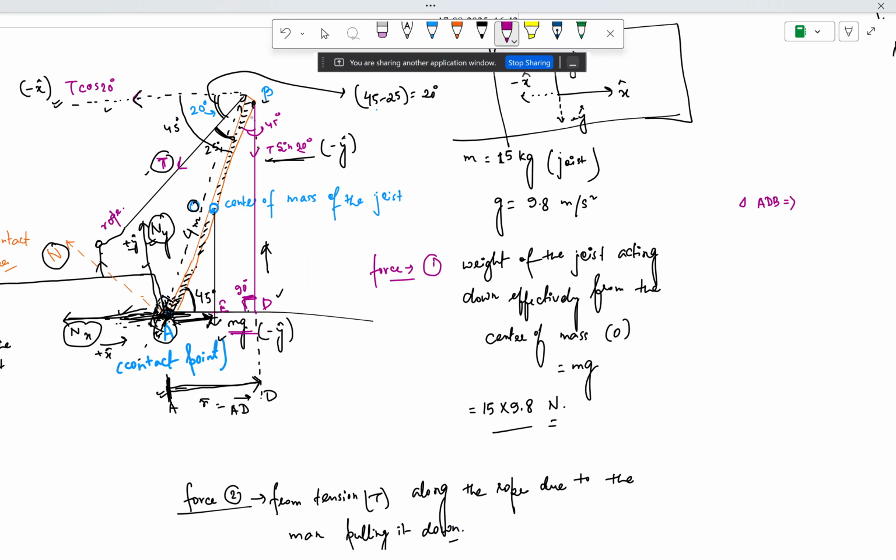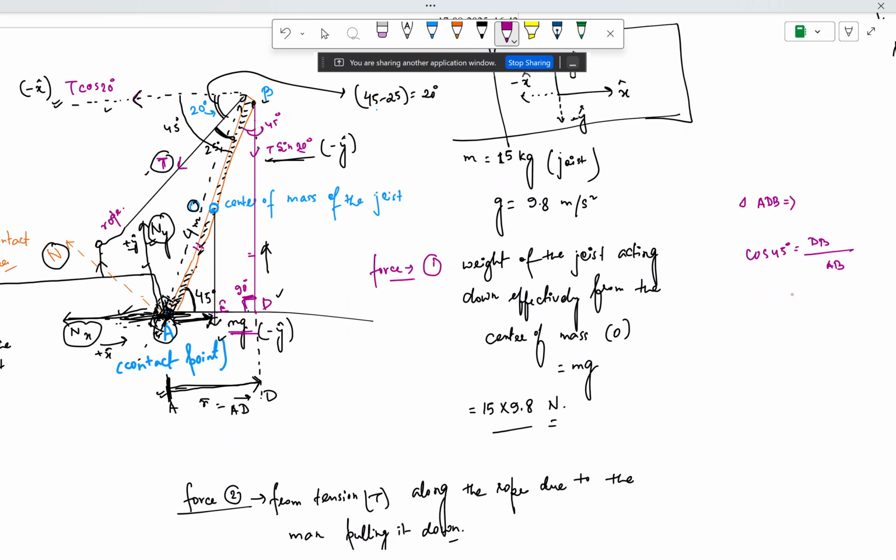Now if AB is 4 meter and this angle is 45 degree, then cos 45 degree is base by AB, so DB by AB.